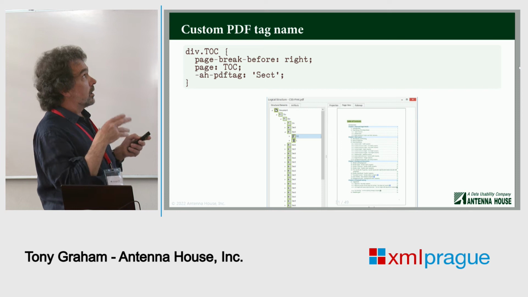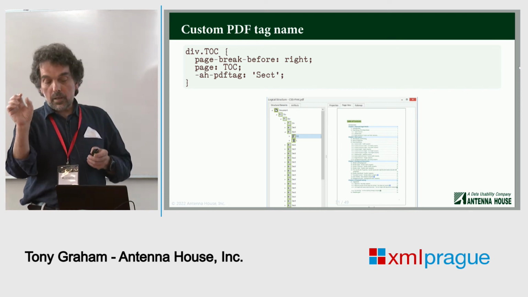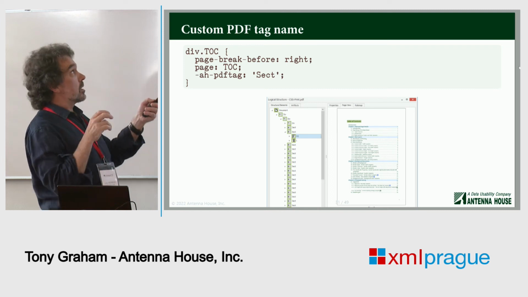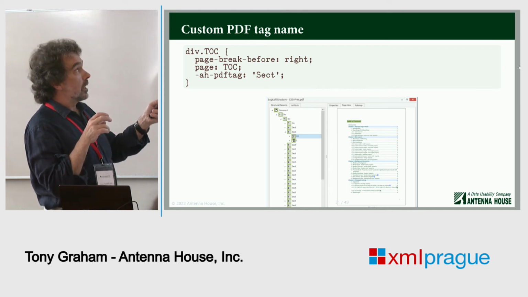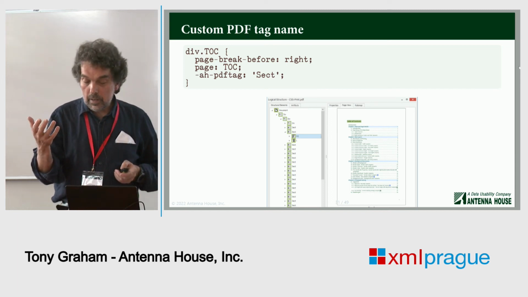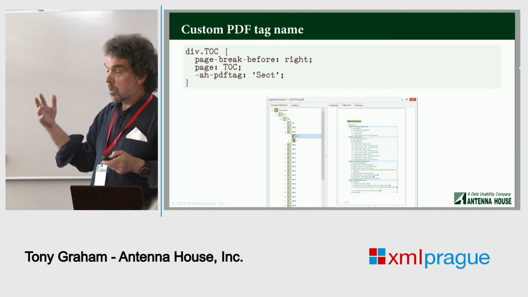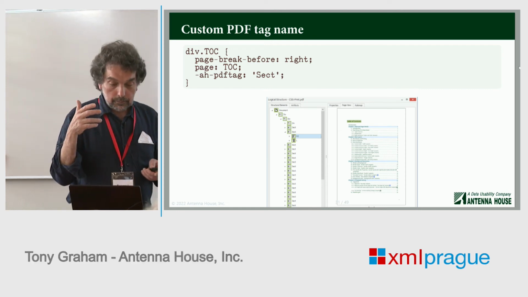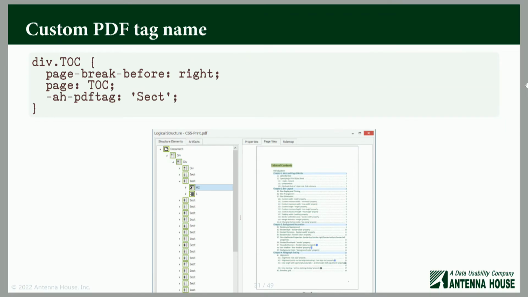In AH Formatter, you can give a specific name to an element in your CSS styles using the PDF tag extension. If you're using an FO formatter, FOP and RenderX also provide ways to rename PDF tags or override defaults.